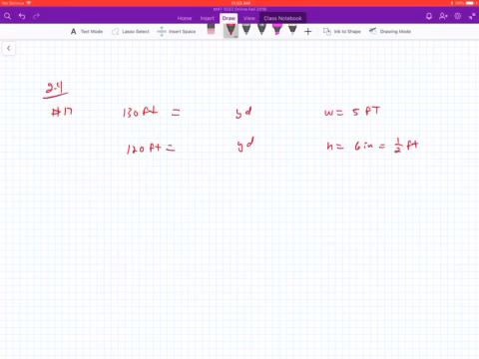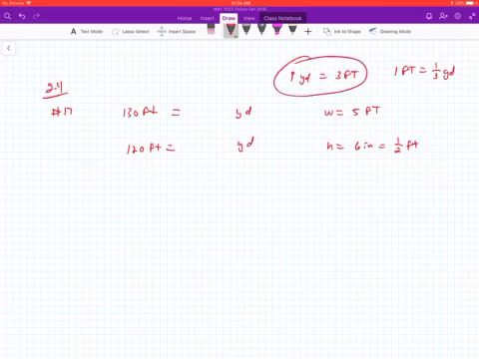And so we know that 1 yard is equal to 3 feet. In other words, one foot is equal to a third of a yard. So this might be the easiest one to use.